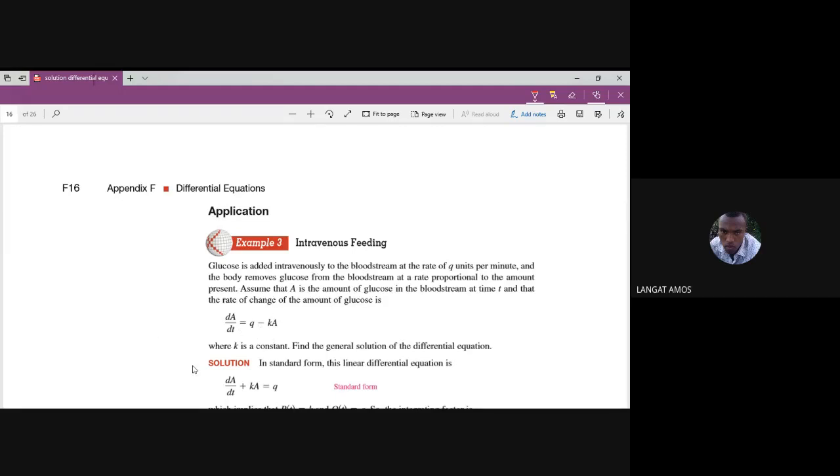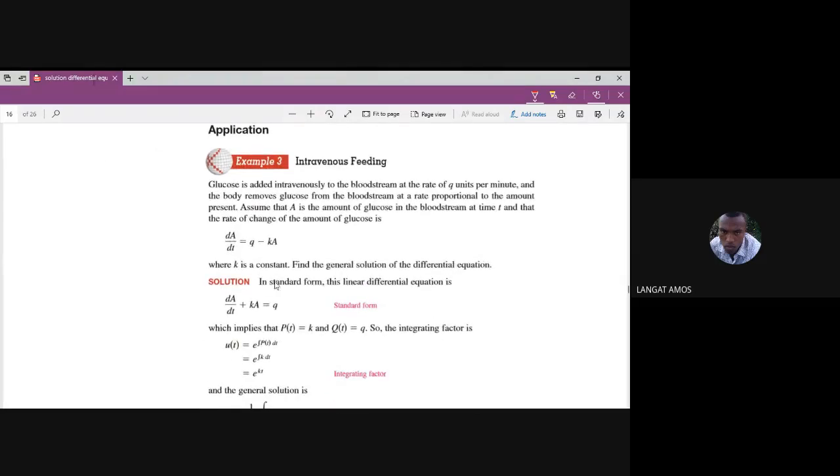First of all, write this in standard form. This is linear: dA over dt plus kA equals Q, where you move this term to the other side.